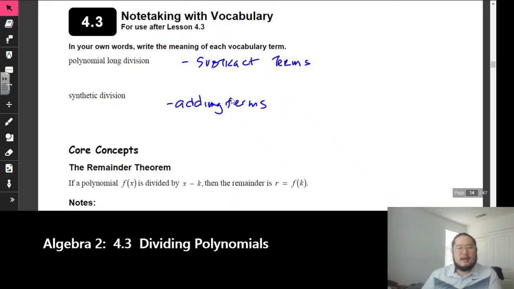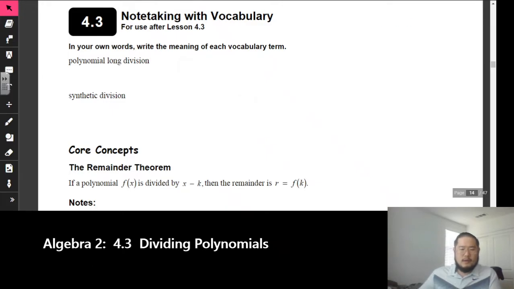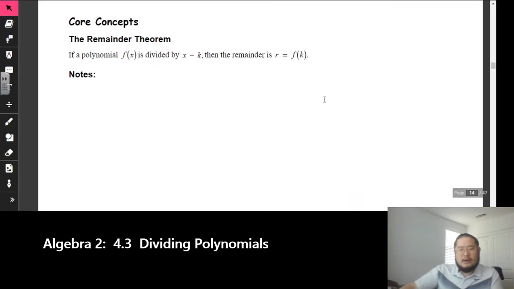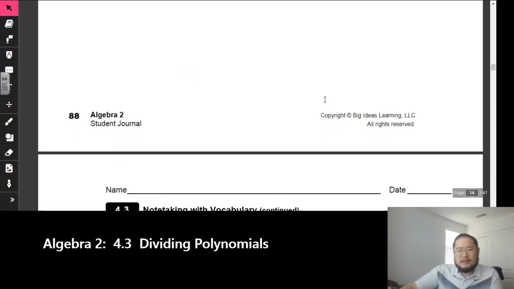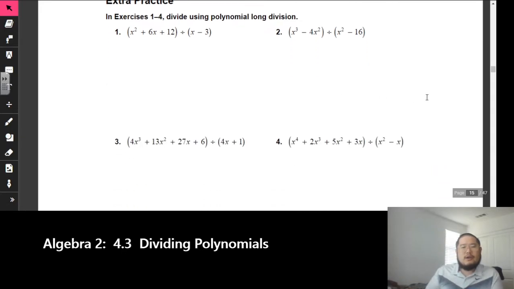And I'll explain that when we take a look at our problems. We'll talk about how to write remainders when we go on to working on some of the problems here. And let's just go ahead and go to number 1.